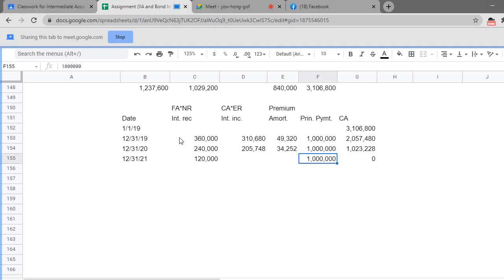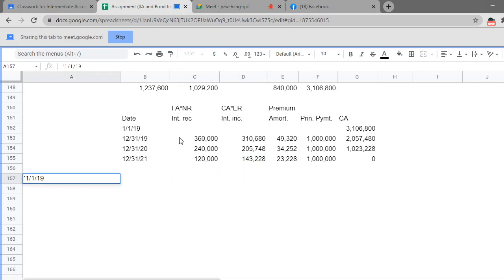So if that is 0, and if that is the last year, last row, it's better for us to work back na lang. Okay? Kasi magkakaroon tayo ng difference if we are going to do the same formula. So work back, premium natin would be, premium amortization would be 23,000. Therefore, this will be 143,228.